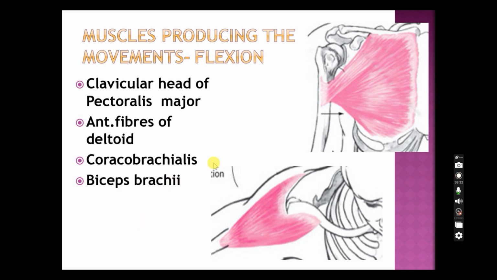Let's see now what muscle causes what. Clavicle head of the pectoralis major causes the flexion, along with the anterior fibers of the deltoid. Then the weak flexors are the coracobrachialis, along with the biceps.